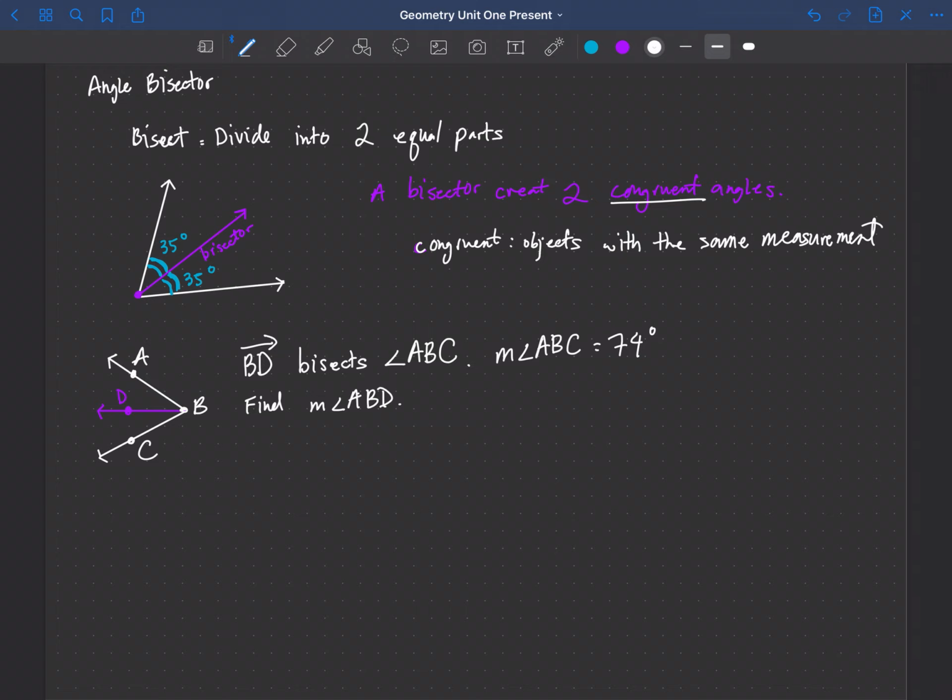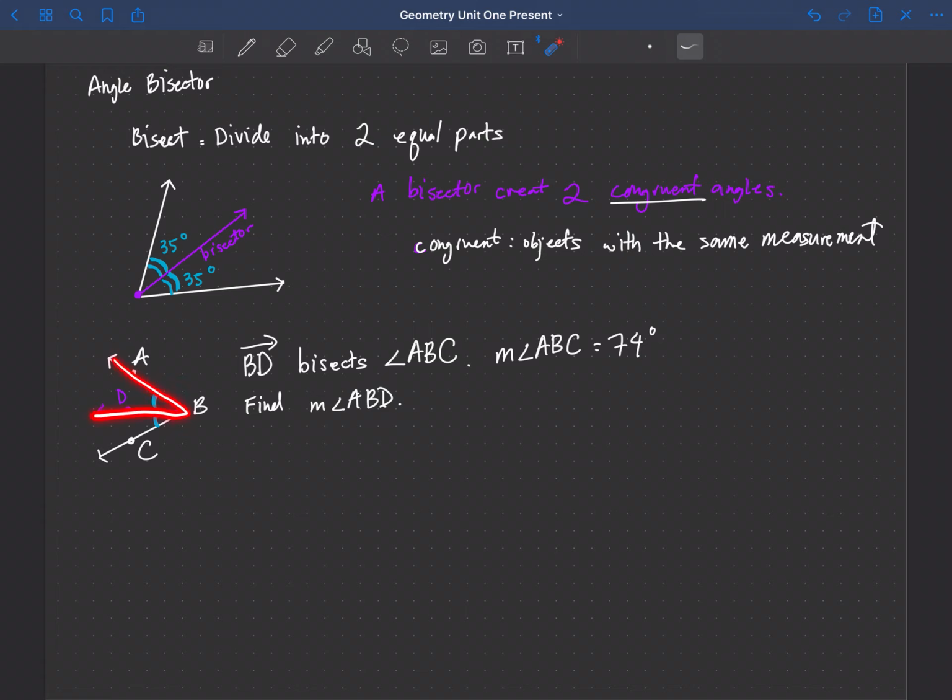So let's go through that. So we know that BD bisects ABC, meaning that we have two angles now that are congruent. This angle here and this angle here. They are congruent. We also know that ABC is 74. ABC is the entire angle. Okay. Now, if the entire angle is split up into two equal parts, we should be able to find ABD.